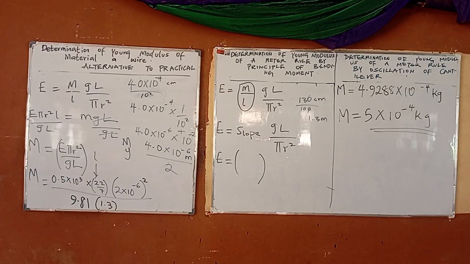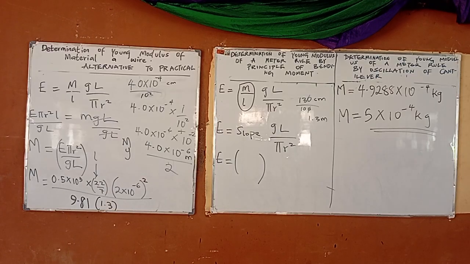Let me see. It's a constant. Yes, now we use that constant, then we want to find it using our slope. Okay, they didn't give us the small l.